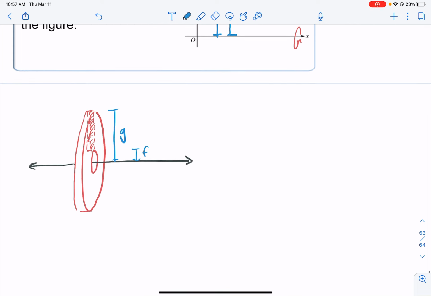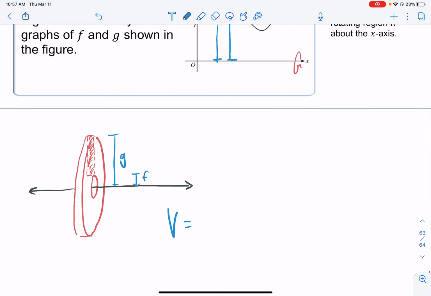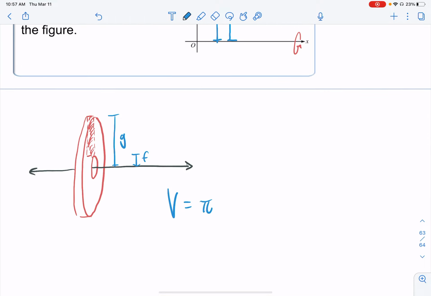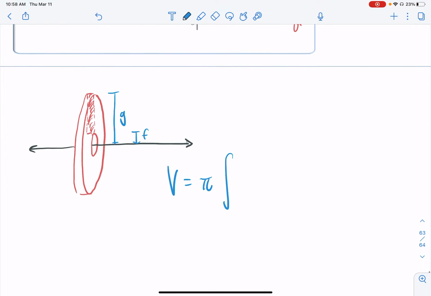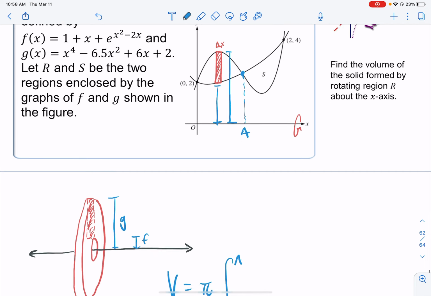Okay, so whenever I go to set up this volume, don't forget this time, since this involves cylinders, we need to throw the pi in here. Usually that's worth a point, having that scalar right up front. And our limits of integration this time are going to be from 0 to that a that we calculated before, because we're going to go up to this particular point, a.